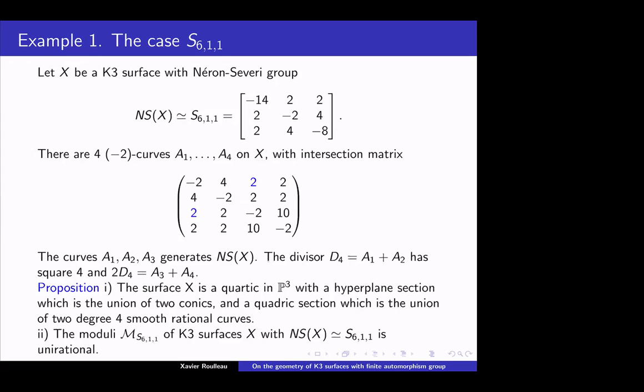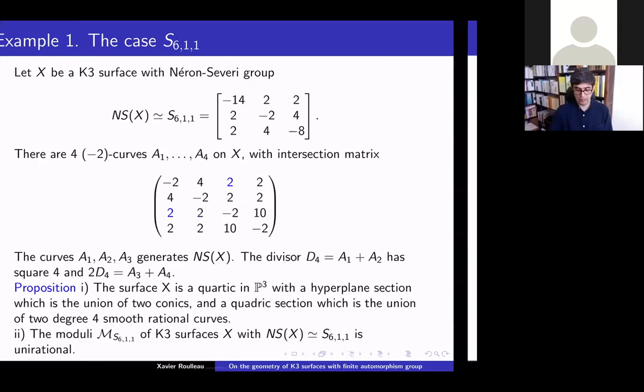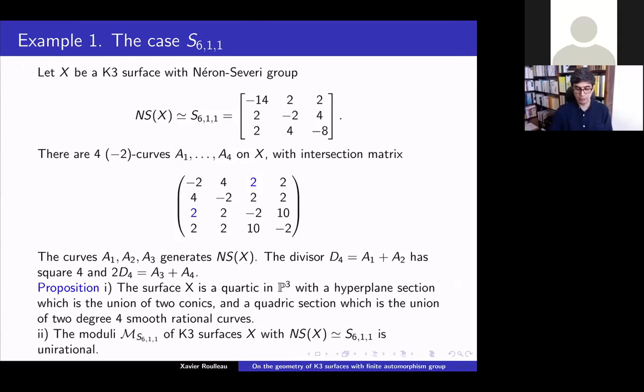The conclusion is that the surface is a quartic in P3 with a hyperplane section, which is the union of 2 conics, and a quadric section, which is the union of 2 degree 4 smooth rational curves. And the second part of the proposition is that the moduli space of these K3 surfaces is unirational.